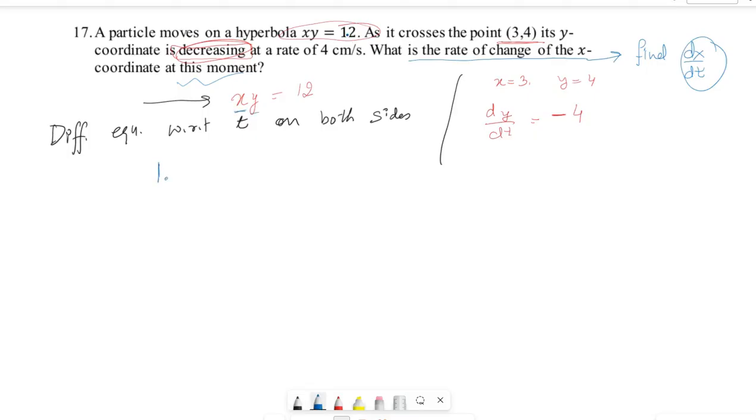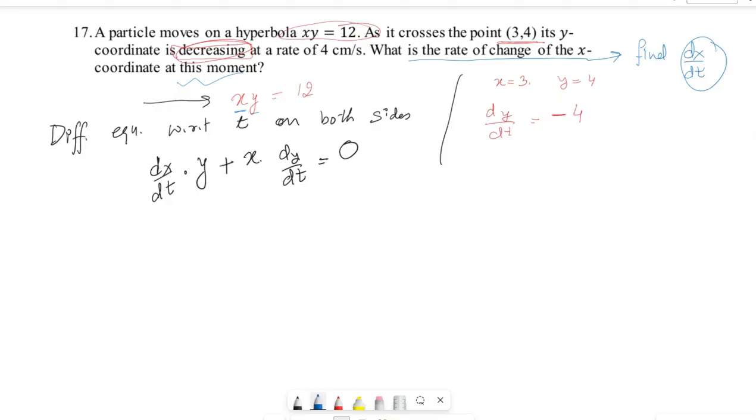X's derivative is 1 times y as is, plus one more time. X's derivative is dx by dt here, not 1, because we are differentiating with respect to time, times y, plus x as is dy by dt, because y is also function of t, is equal to 12. 12 is constant. 12's derivative is for sure 0.